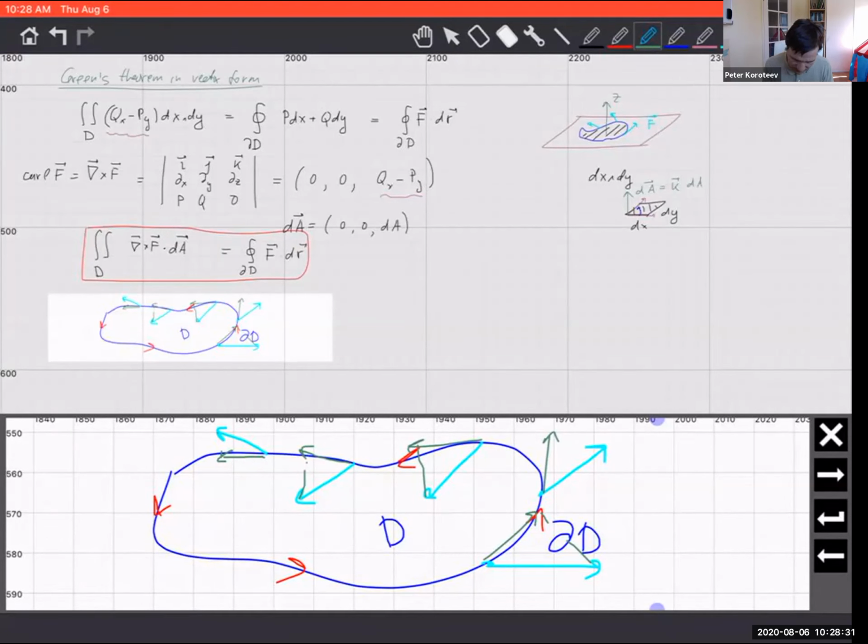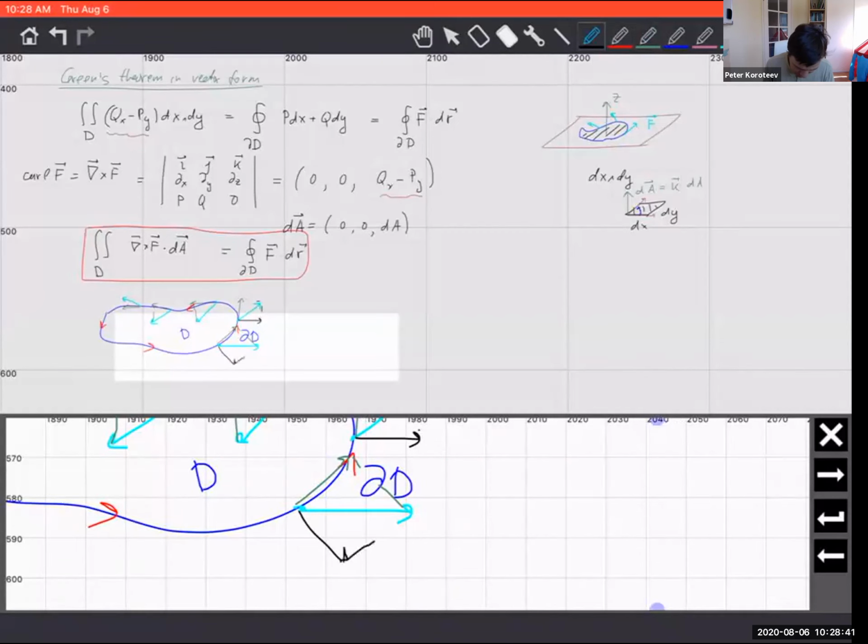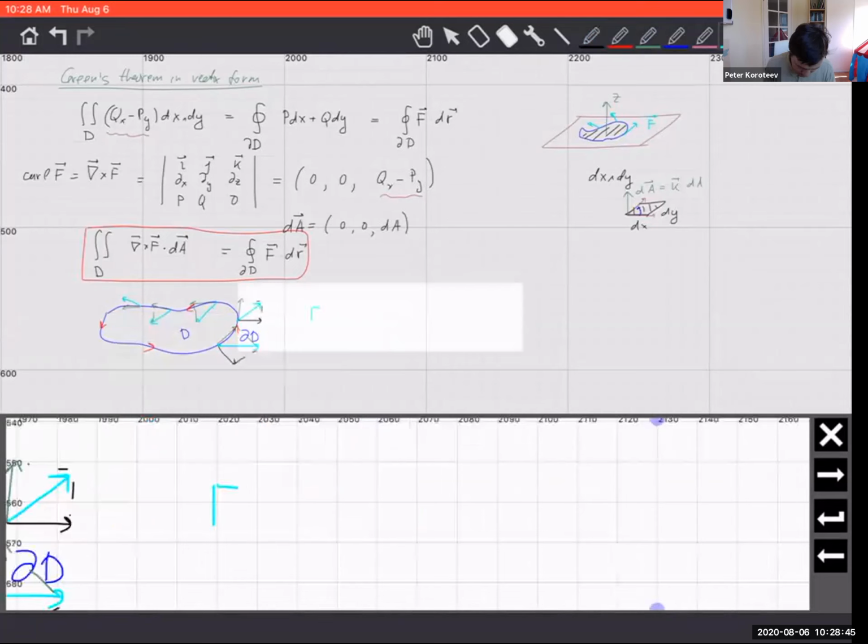But we can ask ourselves, what will happen if we calculate the normal projection here? So at every point, we can decompose the vector field F into the normal projection and the parallel projection.